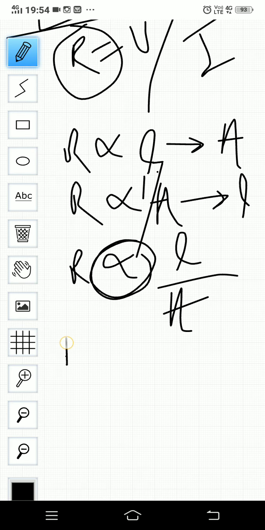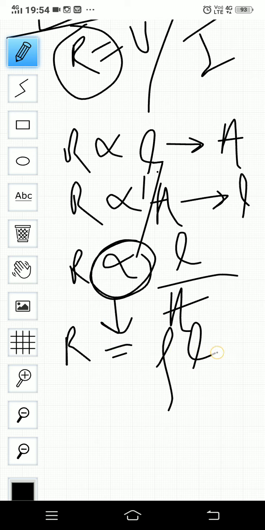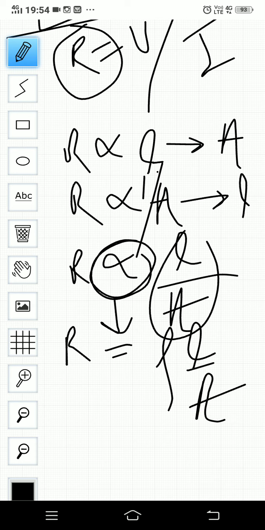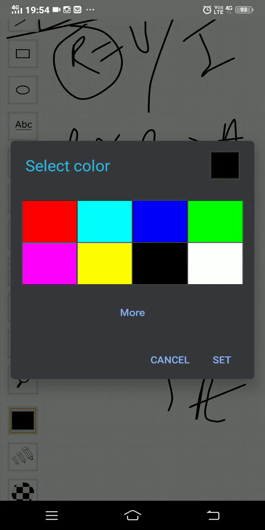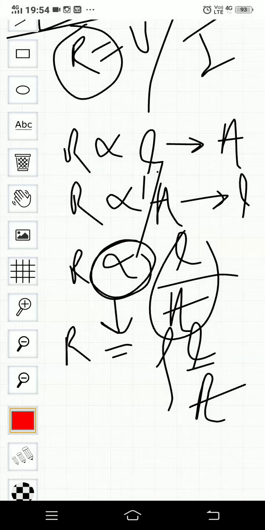So we write R is equal to rho L by A. Is this clear? For this constant term, we include rho. This rho is a constant term and it is called the specific resistance of the conductor.